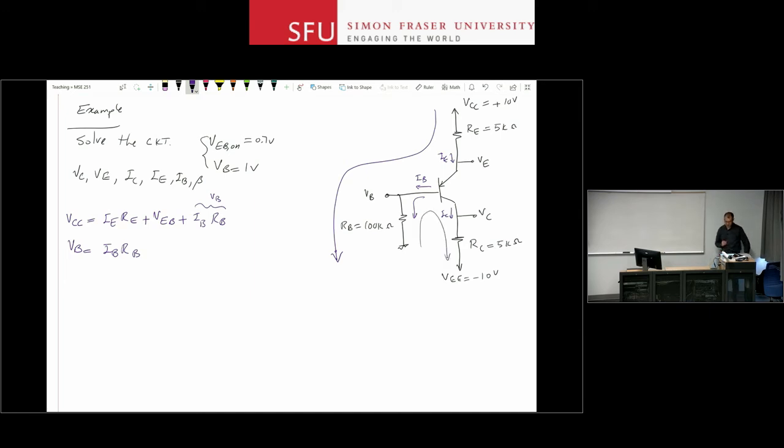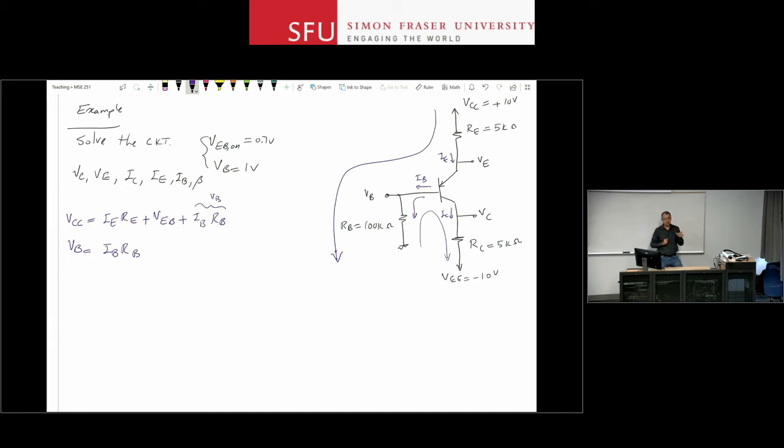I don't like that KVL, because again, remember that I'm going across a current source between base and collector, or between collector and emitter, either one. At the collector terminal, you have a current source, and you write a KVL around the current source, you have two unknowns. Well, in this case, you don't know IC because we still haven't figured out IB and IE, but also you don't know the voltage drop across the current source.